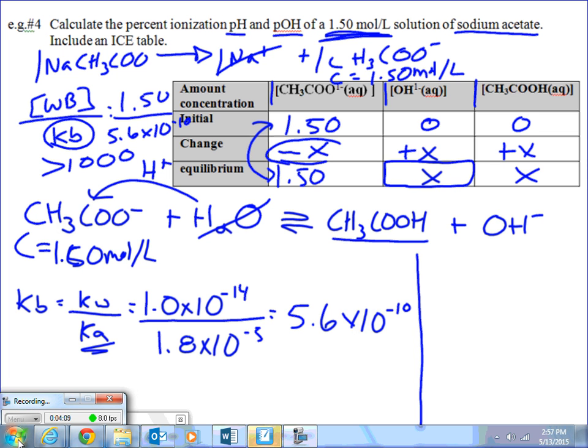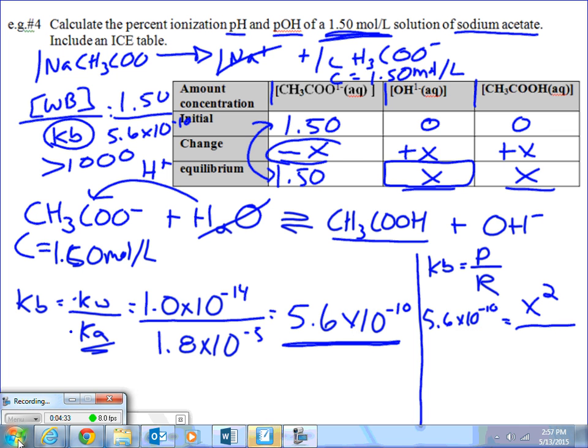So if I'm solving for X, I set this up as Kb equals products over reactants. I already found Kb by dividing Kw over Ka. So this will be 5.6 times 10 to the minus 10 equals, my products are both X, so X times X gives me X squared, divided by my reactant concentration of 1.50.